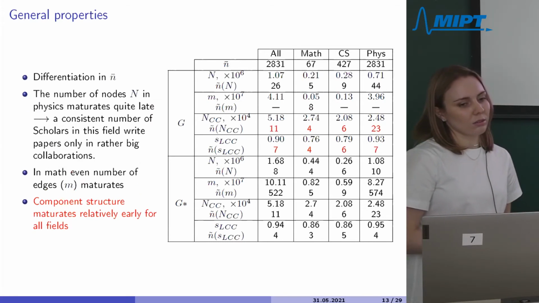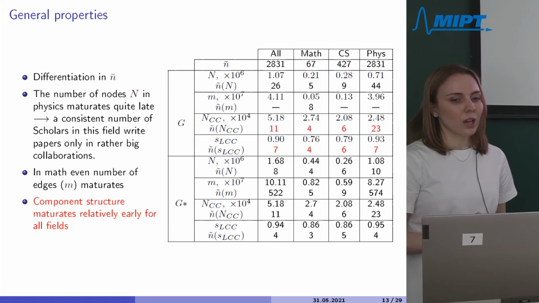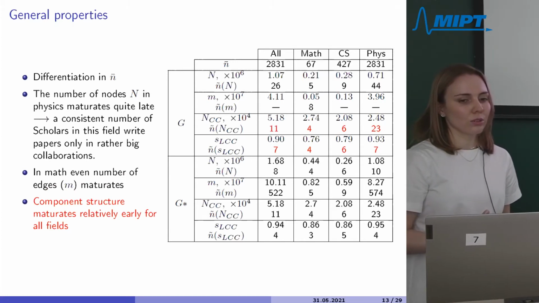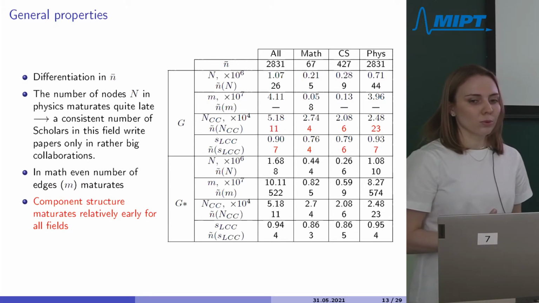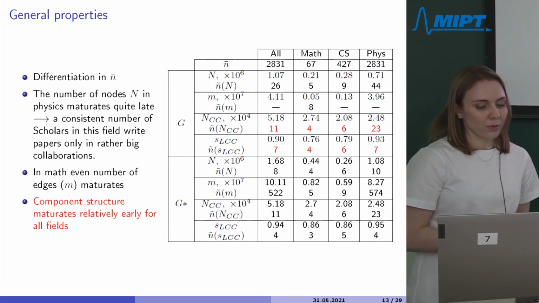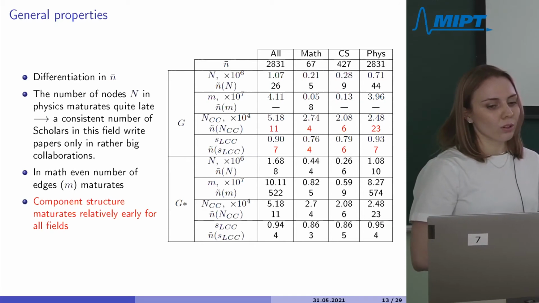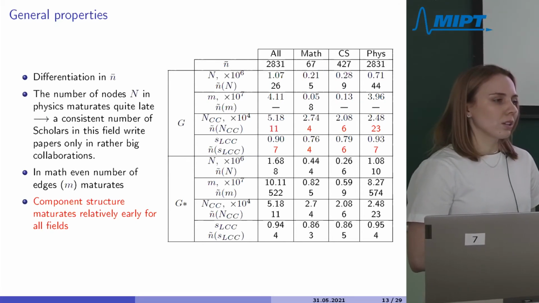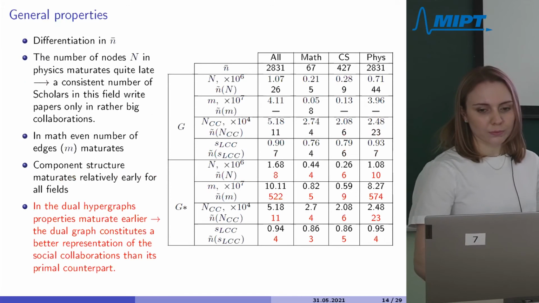The next notable feature is relatively early maturation of component structure, the size of the largest component and the number of components, for all of the fields. So on the early levels, we obtain the backbone of these graphs.